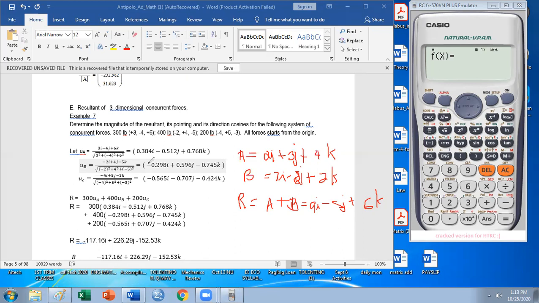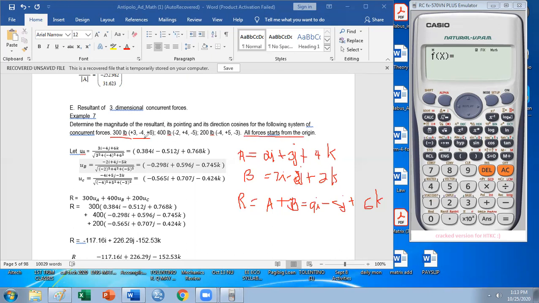Ngayon, kapag ganito yung problem, may force ka at saka dumaan. Dinaanan lang yung force, hindi ito yung vector. Nagdaan siya galing saan? From the problem: determine the magnitude of the resultant, its pointing and direction cosines for the following system of concurrent forces. All forces start from the origin.